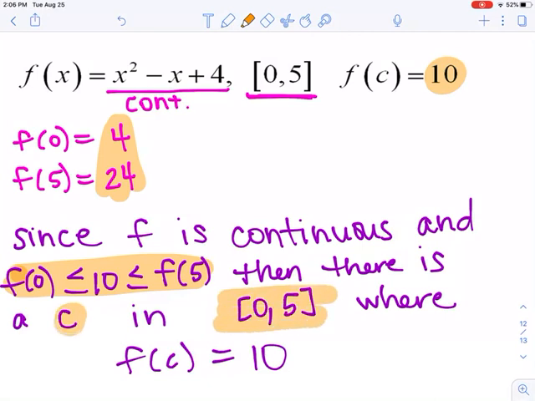So let me just explain this one more time. 10 is in between our two function values, so that c is in our x interval, f of c equals 10.